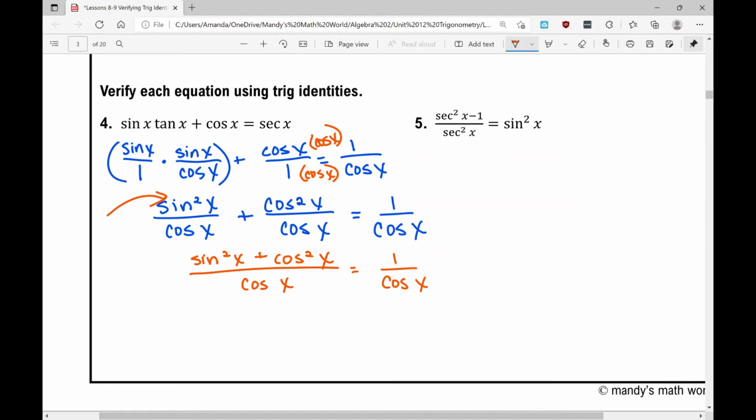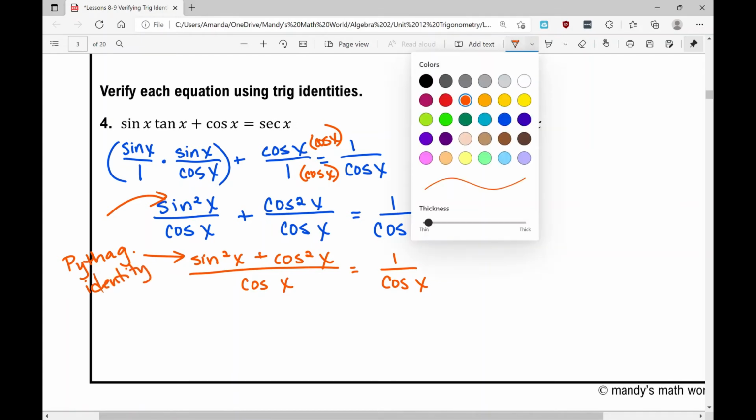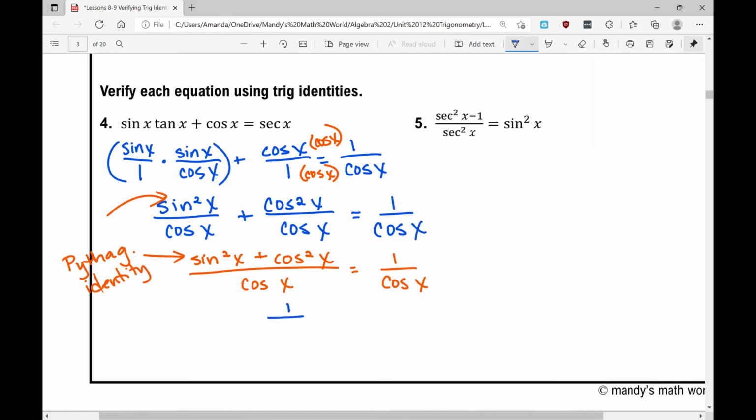If I've got a common denominator, now I can add my numerators, keep the denominator. So now let's rewrite this numerator. How can I rewrite that numerator? Well, that basic Pythagorean identity says sine squared x plus cosine squared x equals 1. So I can rewrite that as 1 over cosine x, and that equals 1 over cosine x, and we've just done it.